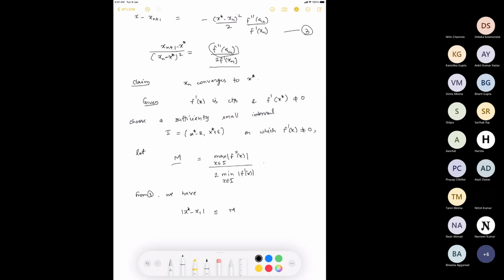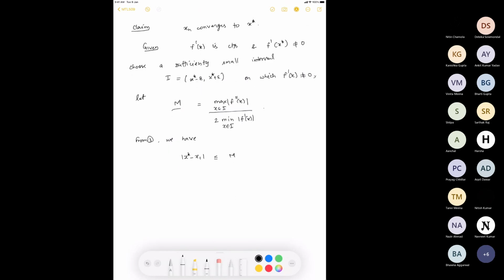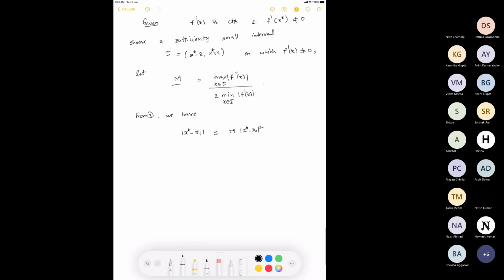Basically, this complete quantity will be less than or equal to m, right? So I can say that x star minus x1 is less than or equal to m times x star minus x0 squared, right? And if I multiply both sides by m, what do I have? I have m times x star minus x0 whole squared.